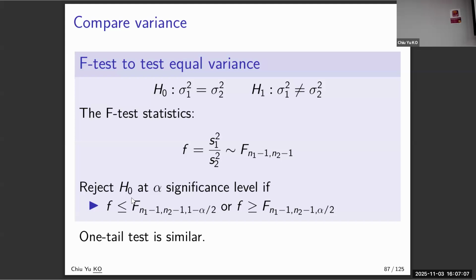As you can see, this is the first time we depart from population mean. We talk about population variance, and we want to look at whether the population variances are the same or not. Why do we want to look at this? Remember, variance is one of the measures of risk in security.